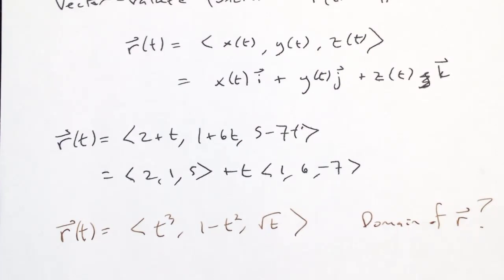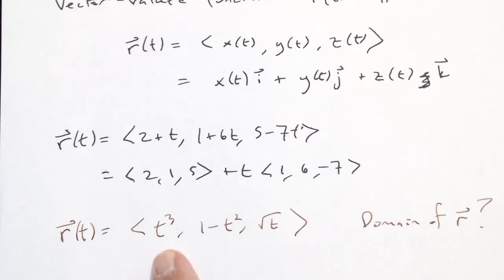All right, let me ask you a different question. What is the definition? What's the idea? What does a domain mean? Values of function. But I'm not using x here, I'm using t, right? So I want to know what t values are allowed in. So what t values are allowed in here? t cubed.